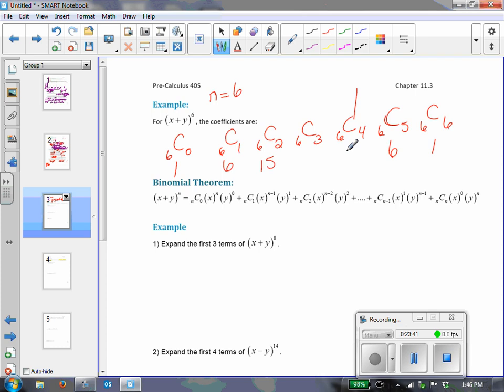So if this is 15, this is 15, 6 choose 3 is 20. So you've just done the coefficients for every term. We haven't calculated every term, but those are the coefficients. It's way easier than actually multiplying it out, eh? With patterns, you can do this way faster.